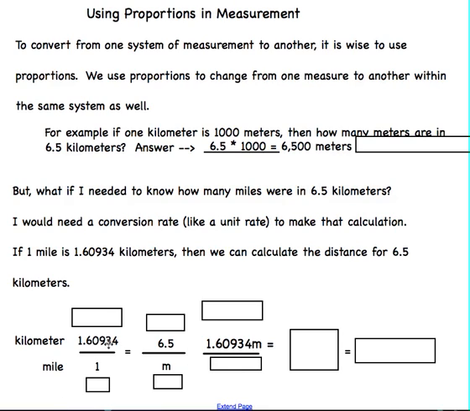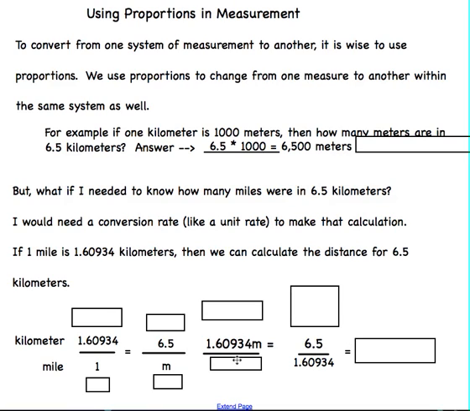If we do 1.60934 times m, we get this. And 6.5 times 1 is 6.5.